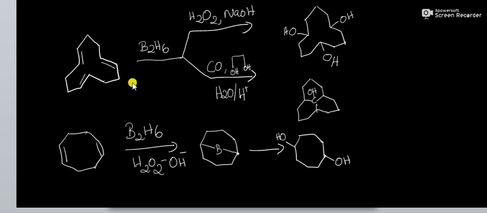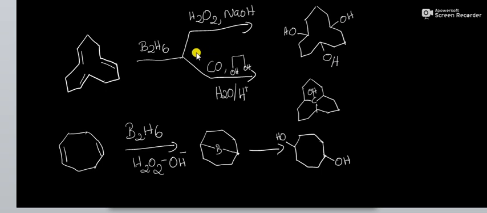For example, if borane adds to this compound, in the presence of hydrogen peroxide and sodium hydroxide, it will be converted into primary alcohol and the product will be this.